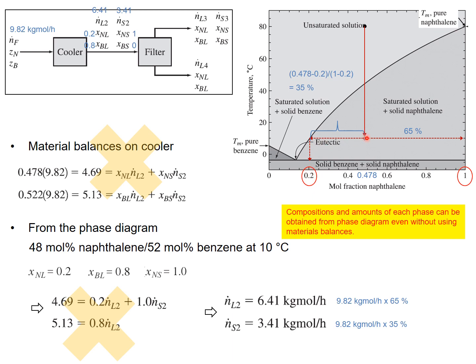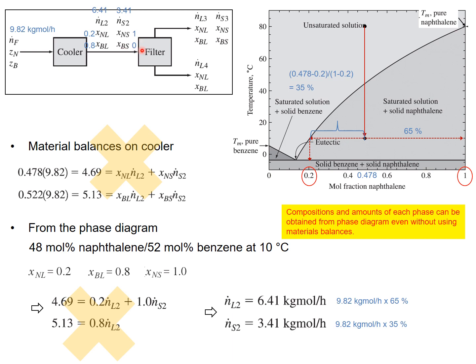How about solid? Of course 100%. So on the stream after the cooler, we can easily read the composition: naphthalene in liquid, 0.2. And benzene? The rest, 0.8. Naphthalene in solid, of course 100%. Benzene in solid, 0.